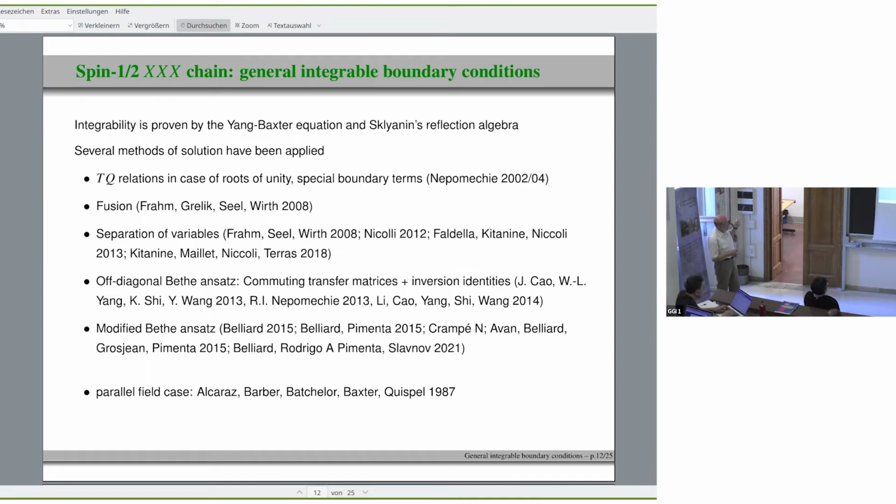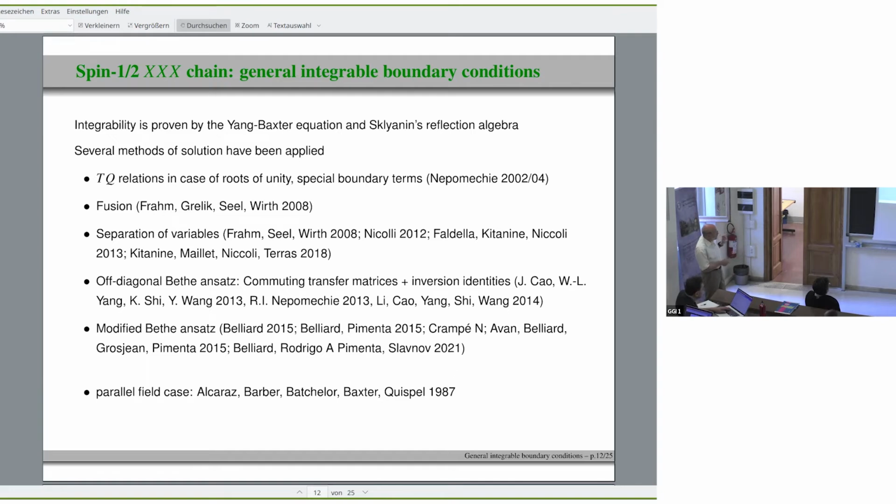Then with certain methods, more Bethe-ansatz-like methods were used by Belliard, Pimenta, Crampé, Avan, Grosjean, Pimenta, Slavnov again. Okay, some kind of modified Bethe ansatz, then separation of variables, and fusion, as I mentioned already, and for special cases one can use standard TQ relations.